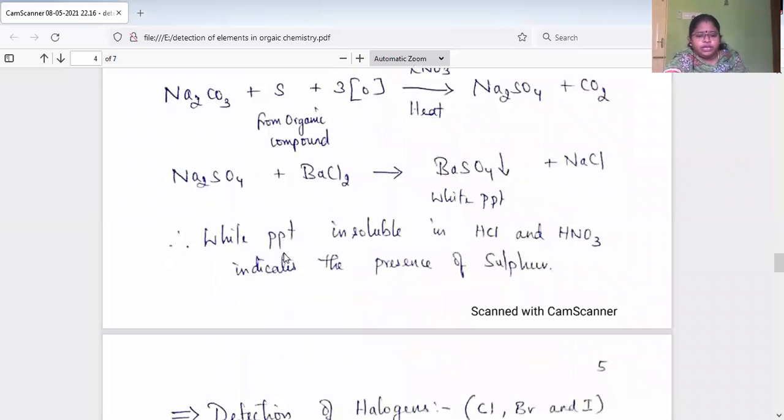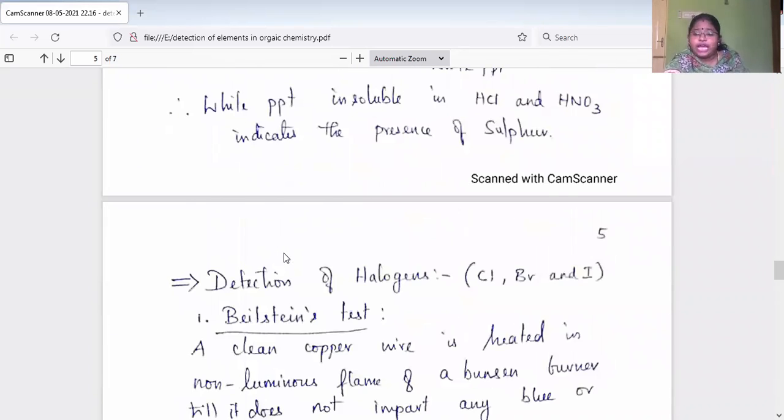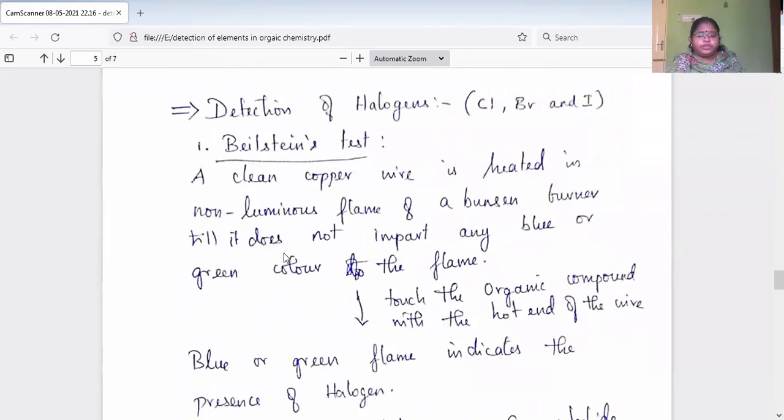Next, detection of halogens: chlorine, bromine, iodine. By doing Beilstein's test, we can detect whether the organic compound has chlorine, bromine, or iodine in it. What is it?